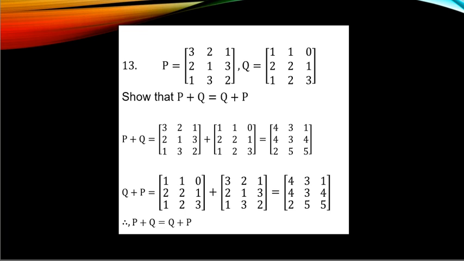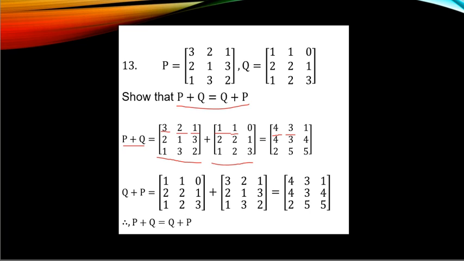Number 13, you have matrix P and Q. Then show that P plus Q is equal to Q plus P. So you have to take the first one, P plus Q, and you start with matrix P, then plus matrix Q. So you add element by element, where you have 3 plus 1, that is 4. 2 plus 1 is 3.